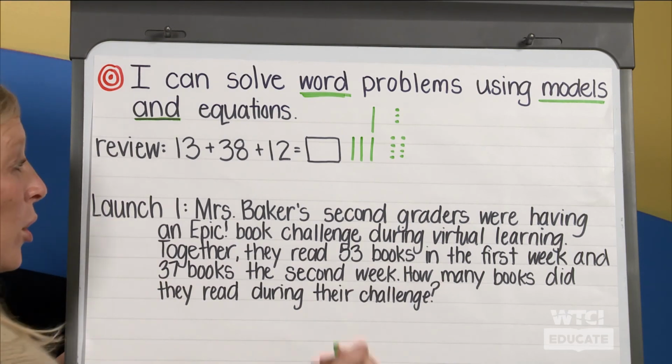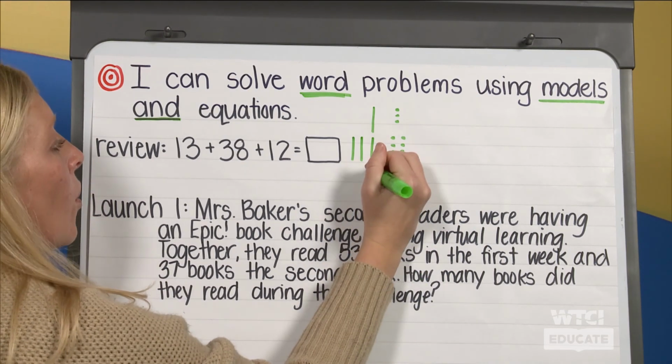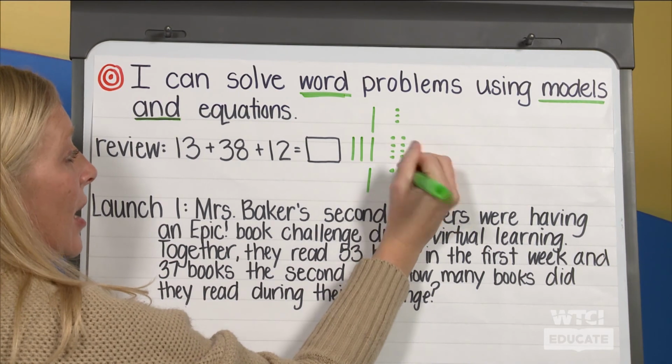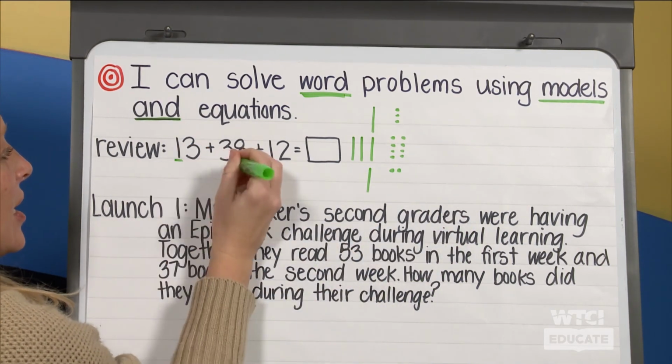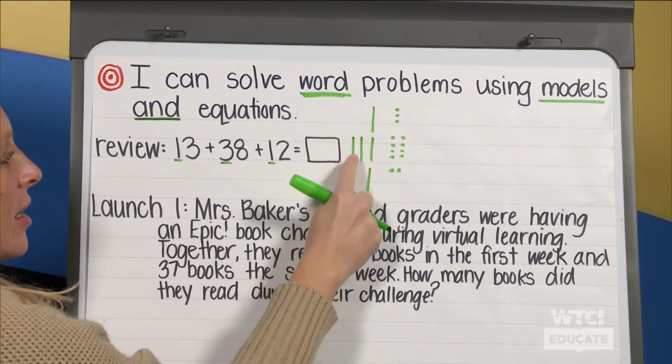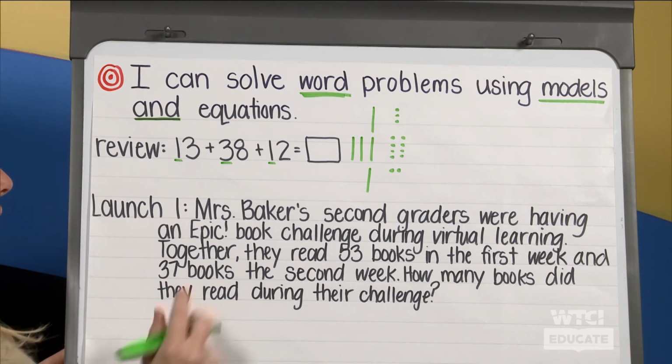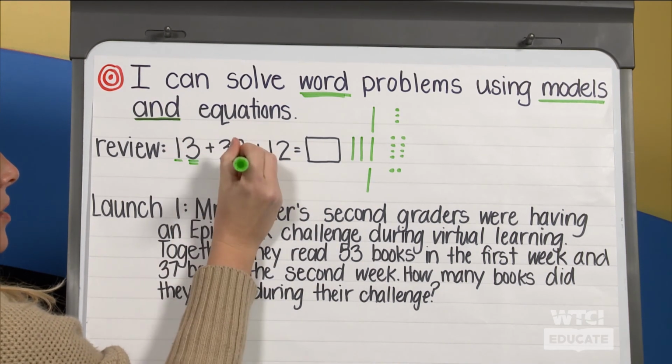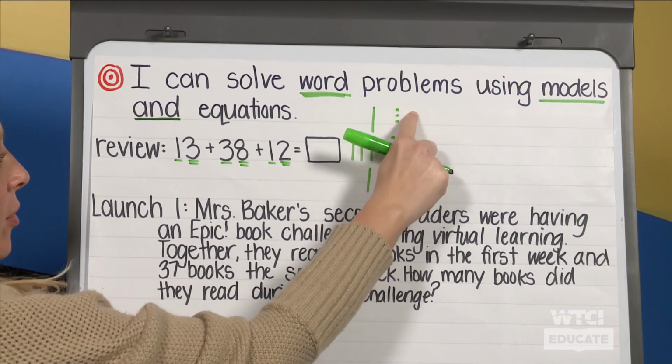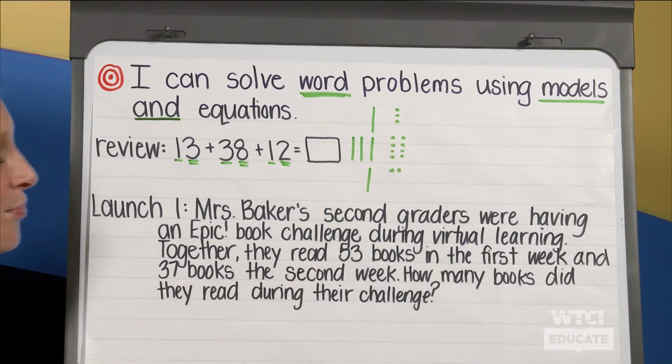And my 12, I'm going to represent or show with 1 10 and 2 1s. You can see my 10s in each of these models, and you can see my 1s in each of them as well. My 3, my 8, and my 2.